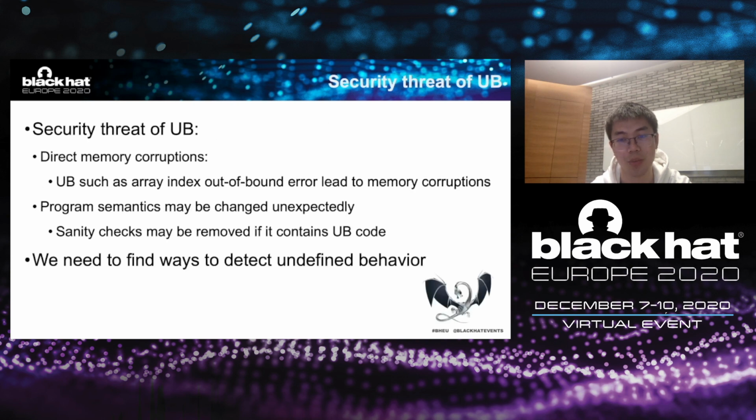Sometimes a crash means a security vulnerability occurs. For example, undefined behaviors such as array index out-of-bound errors will lead to memory corruption directly. Another security threat is more hidden: sanity checks may be removed if they contain undefined behavior code. So we need to find ways to detect undefined behavior.